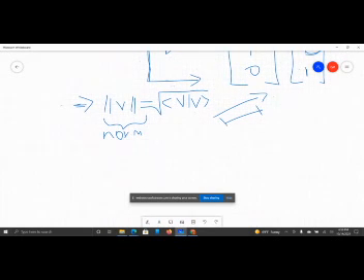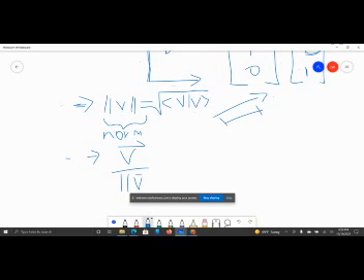I also mentioned this process of normalization last time. Basically, the idea is that now that we know what the norm is, the normalized version of any vector is the vector divided by its norm or magnitude.